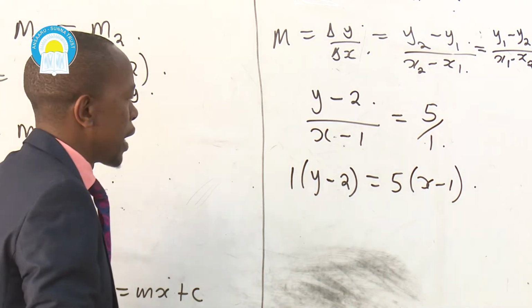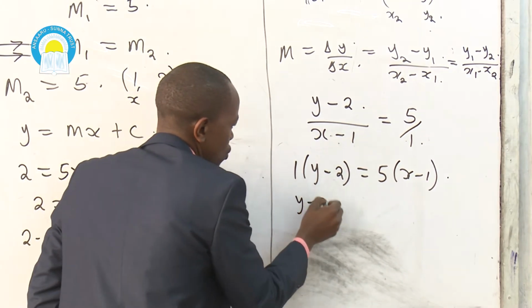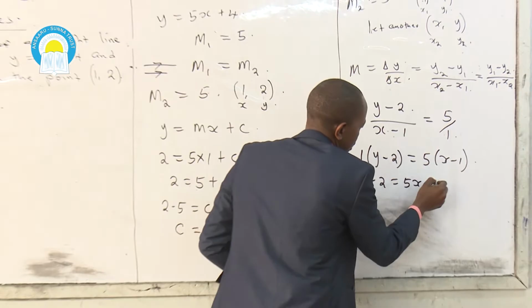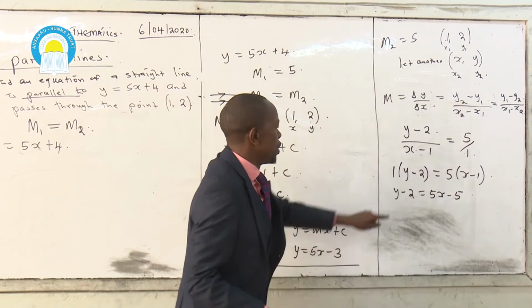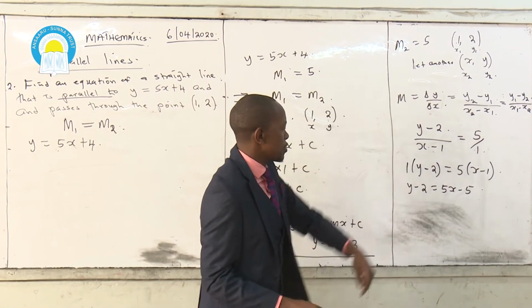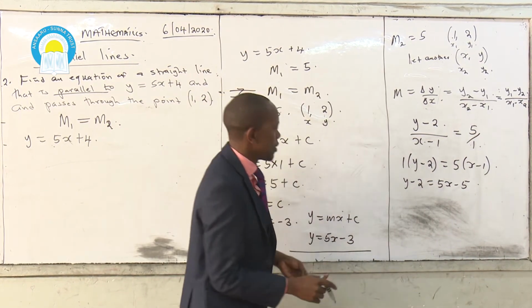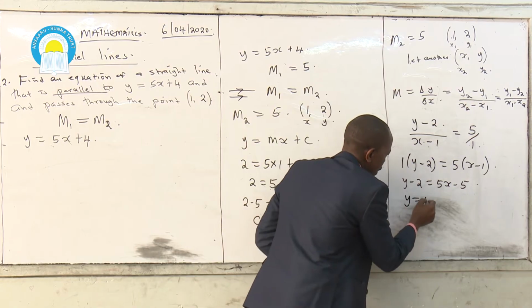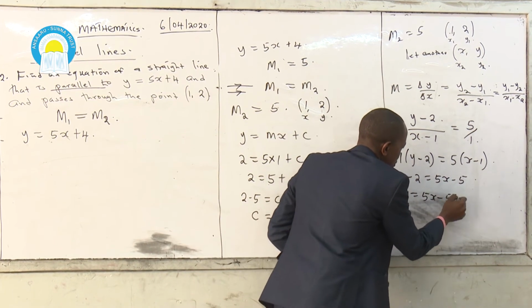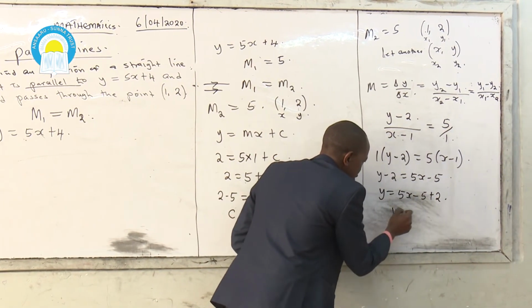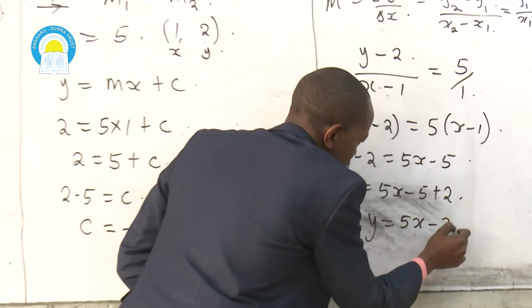Now we open the bracket, and you're going to have y minus 2 is equal to 5x minus 5. Now we take negative 2 to the other side so that our equation can be in the form of y is equal to mx plus c. So y is equal to 5x minus 5 plus 2, which gives us y is equal to 5x minus 3.